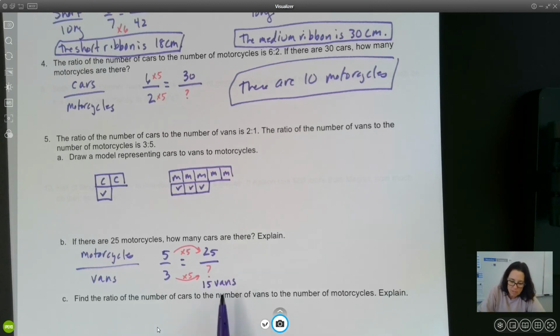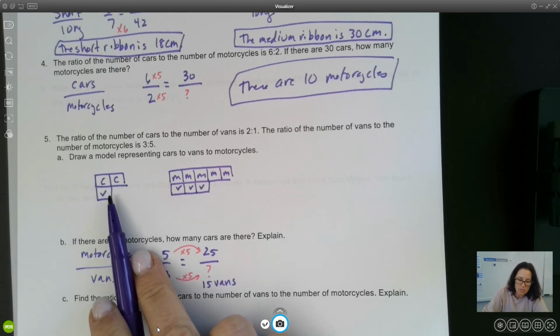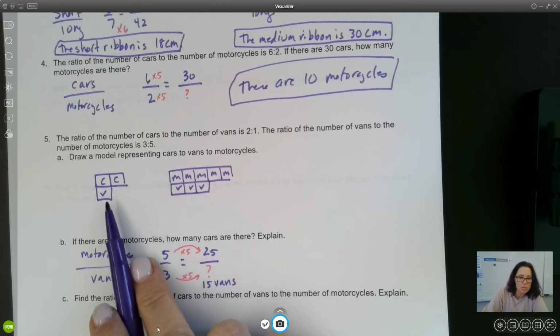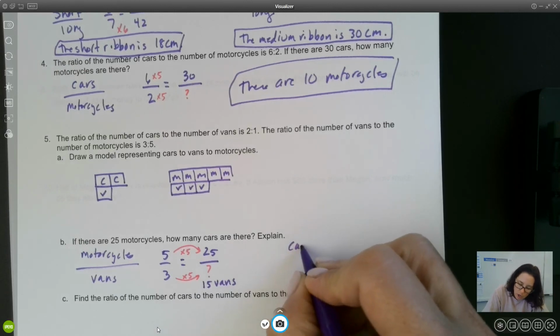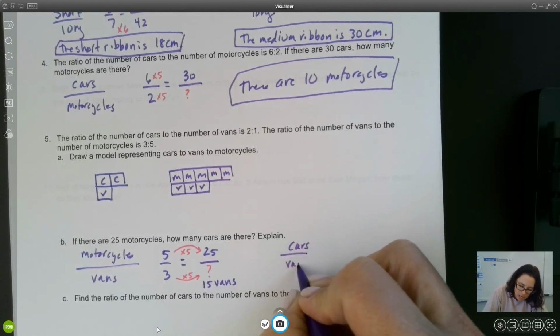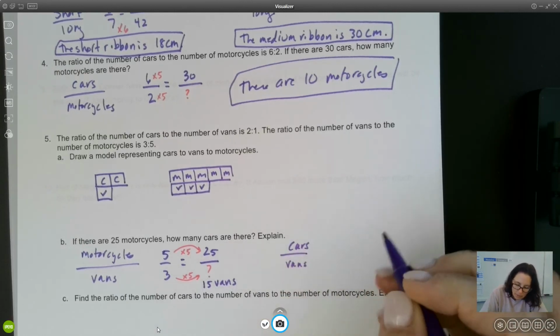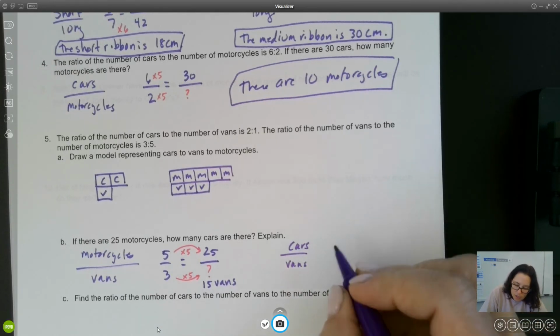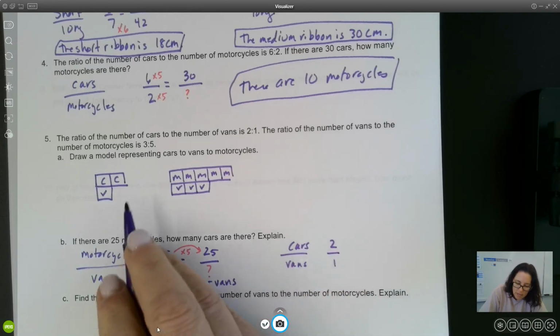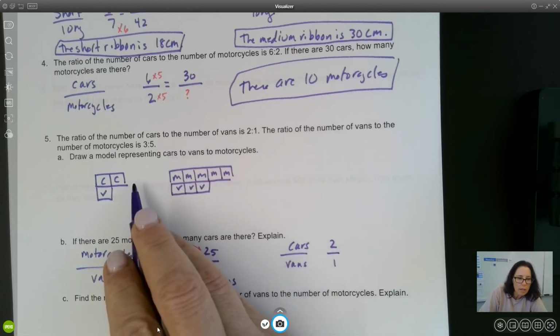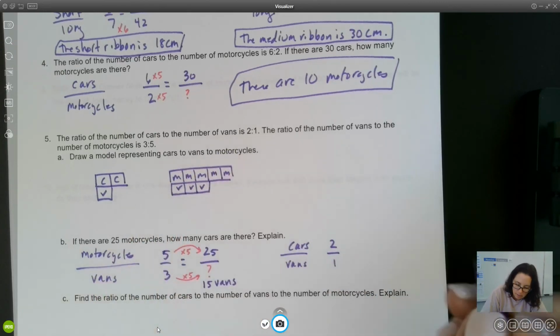Now we have to take the 15 vans and relate it to the cars because it wants how many cars. Okay, so we've got cars and vans now related. The number of cars is 2. The number of vans is 1, and I got that information from this part A right here.